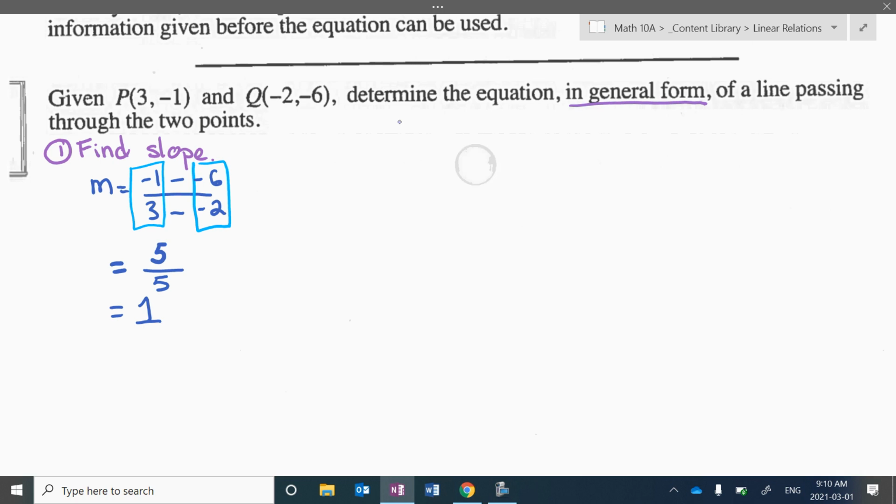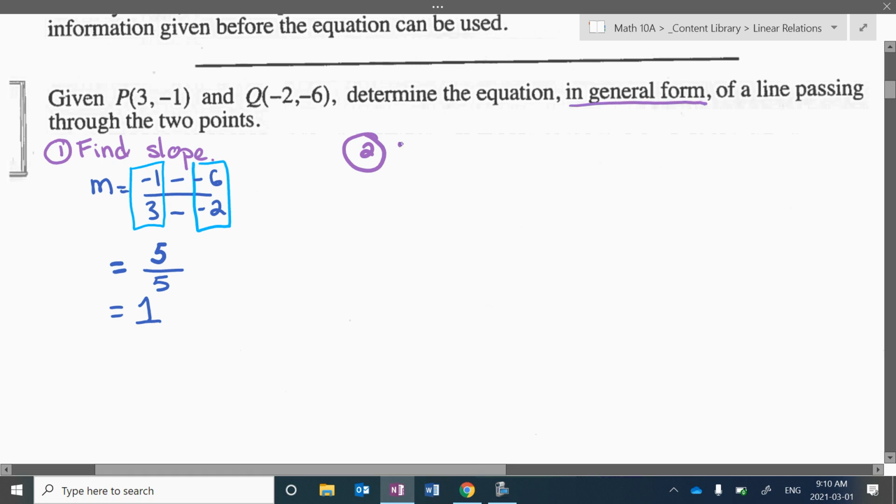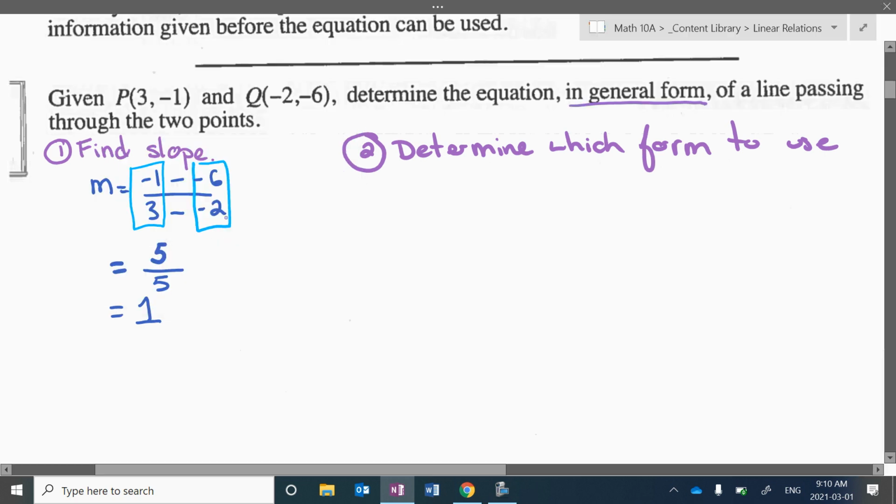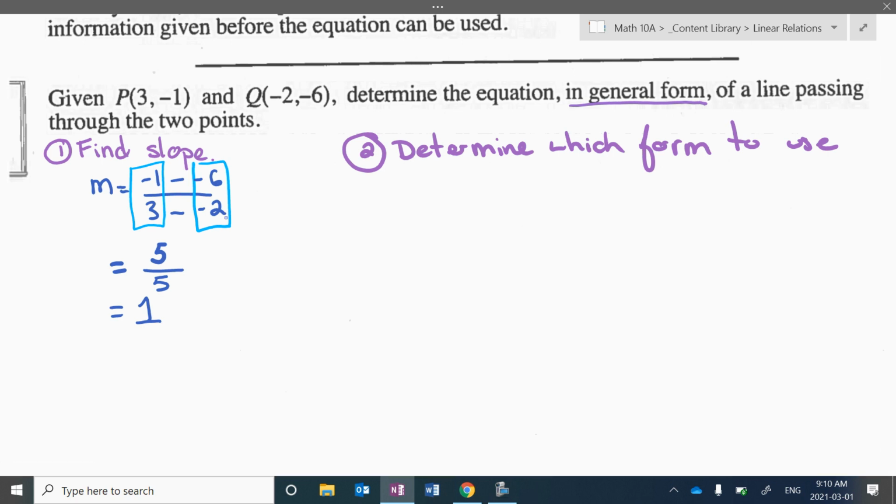So step 2, and this is where it's tricky, is determine which form to use. I'm writing it down, but this is the thought you should have in your head: which form should I use? You cannot go directly to general. General is useless, so I'm really choosing between slope point and slope intercept.